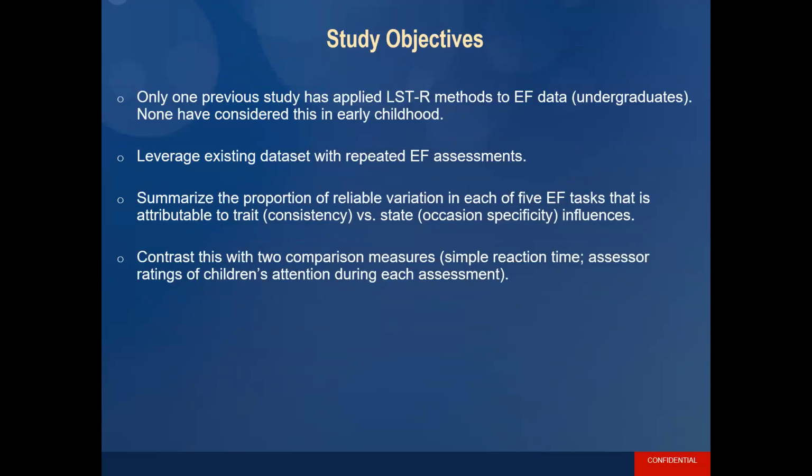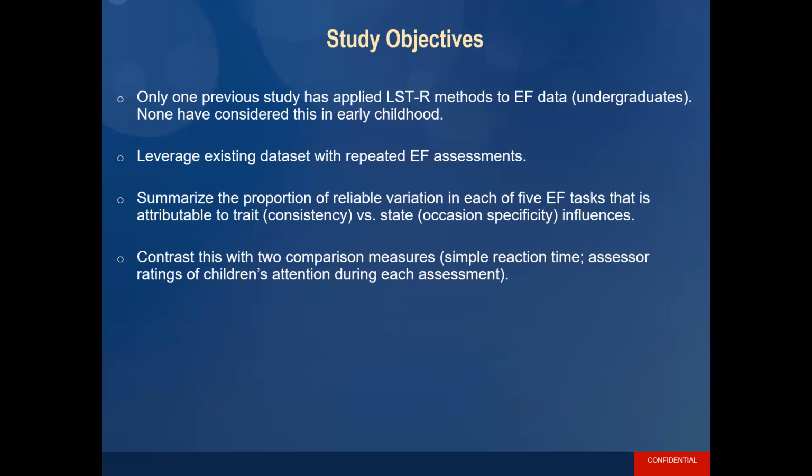So this is sort of new thinking for me. I'm still trying to get my hands around the literature. I can only find one study that's applied this sort of latent state trait theory methodology to executive function data. They were working with undergraduate students. We may talk about that a little bit later. What I'm going to do is just take advantage of a data set that I have where we happen to have measured kids 3 times and apply these methods.